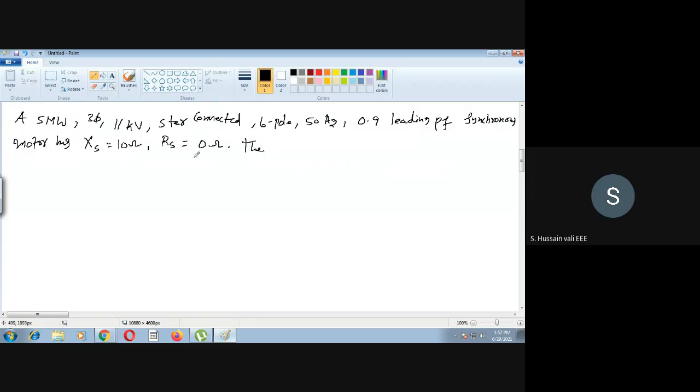It means it is neglected. The rated field current is 50 ampere.